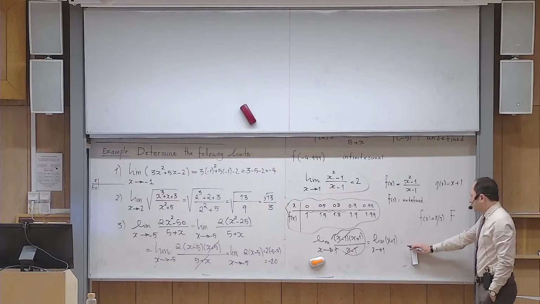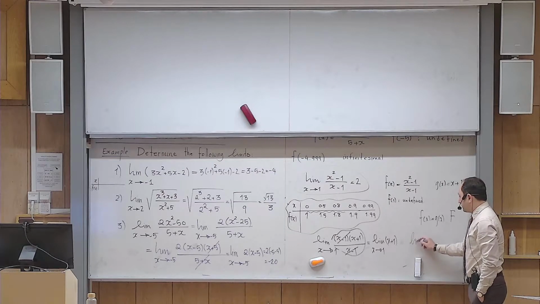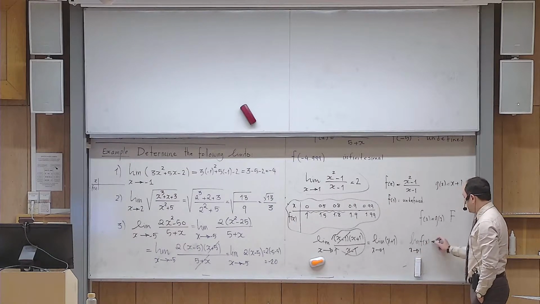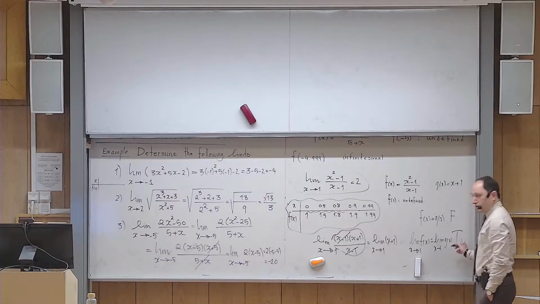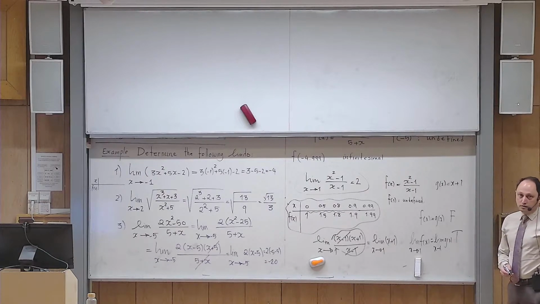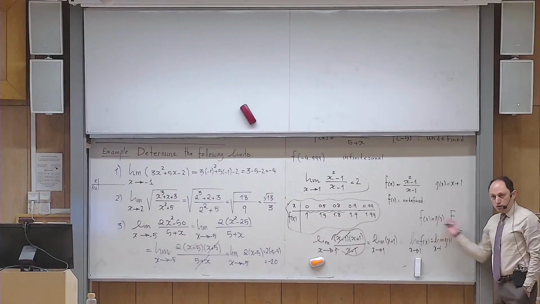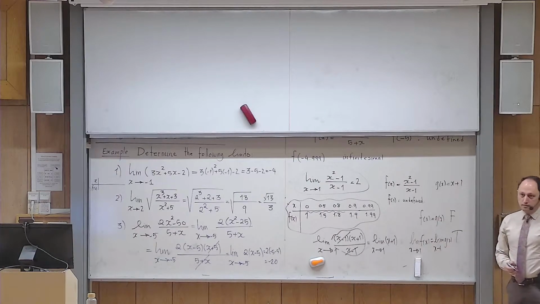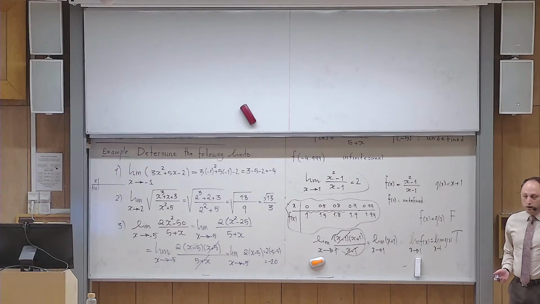okay? What I am claiming is that the limit of f of x when x goes to 1 is equal to the limit of g of x when x goes to 1. This is true. This is what I'm claiming. So the functions are not equal, but the limits are the same. And that is clear. Why?